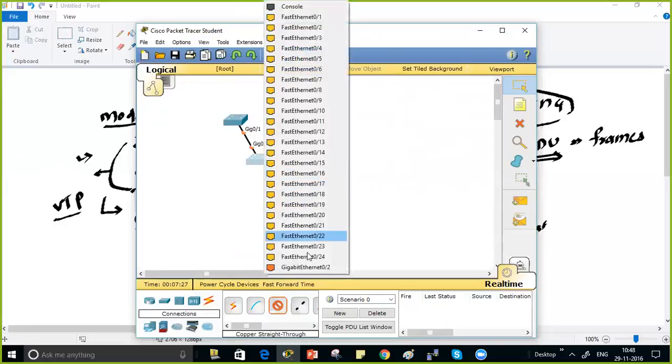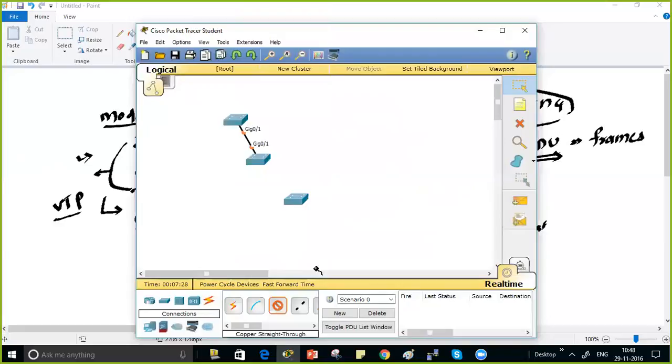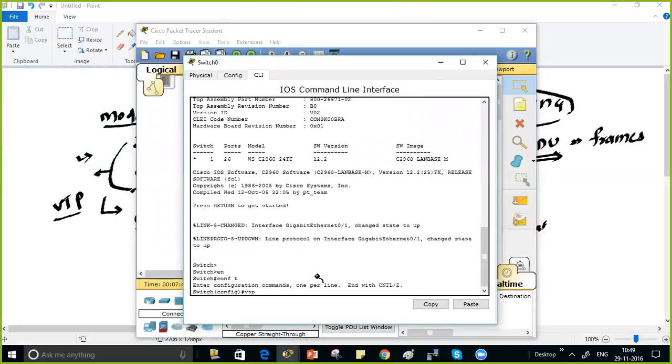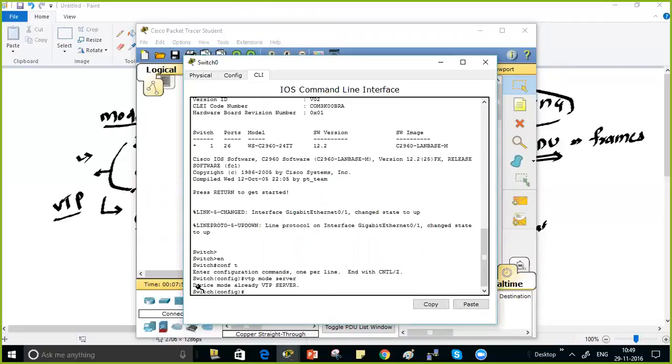So all the switches are in server mode by default, right? See this device, the mode is already server. This is the default mode in the switch, VTP mode server.